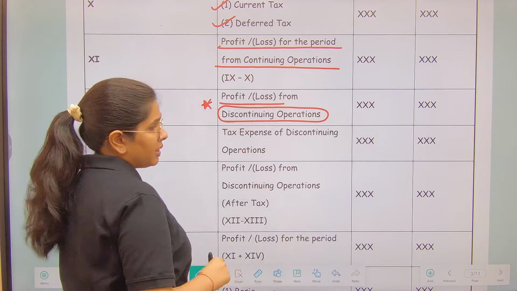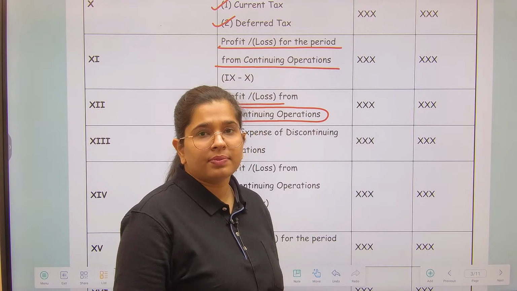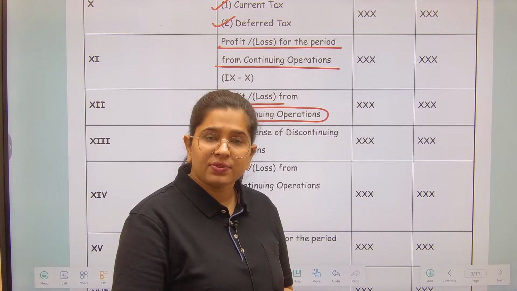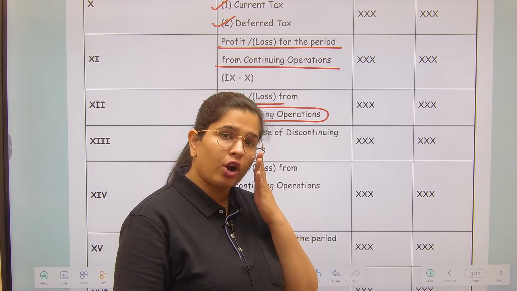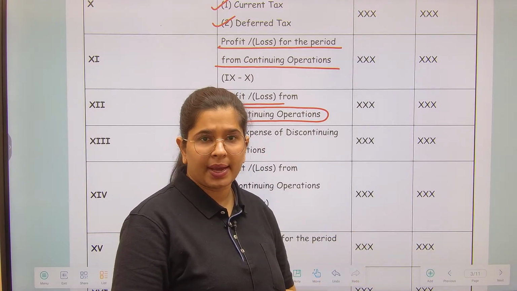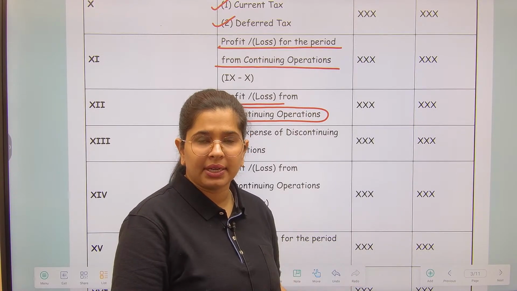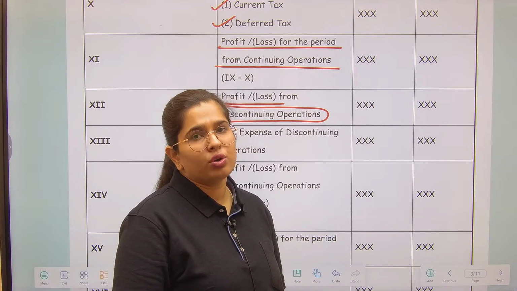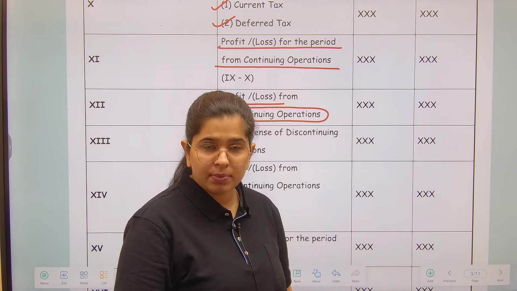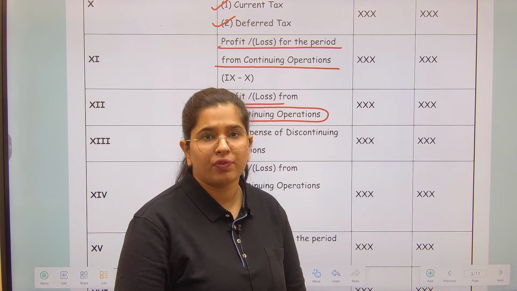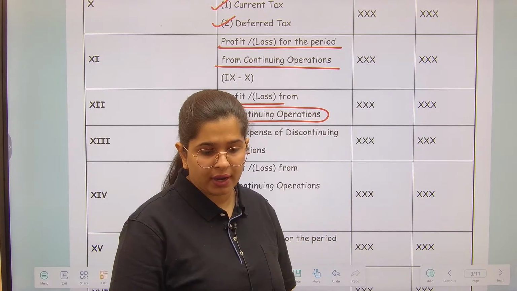Discontinuing operation means there might be a business which you have closed, but any profit might arise from that particular business, or someone has asked that you have not paid this particular liability of theirs and it related to your closed business, so you have to pay that liability. So any expense can also arise. So both situations can arise with a closed business. So if you have any kind of profit or loss from a discontinued business, you are going to show it over here.